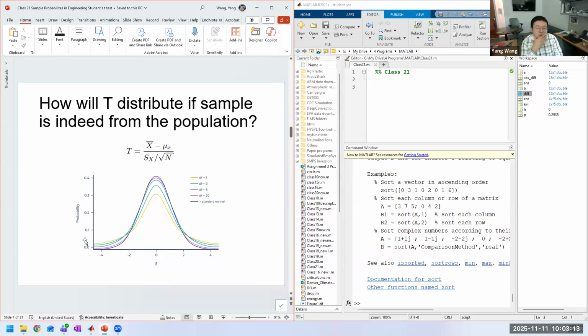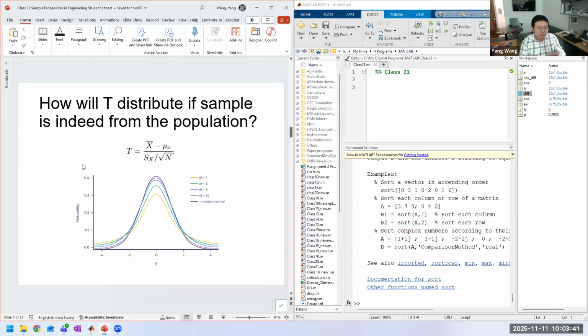So and then the t distribution, we call this the t distribution. So the t distribution also depends on how many samples we have taken. So it depends on this parameter called degrees of freedom. So the degree of freedom is simply calculated by, let's say, if you're just comparing this sample from the population, basically the water sample from the, let's say, proposed population, right?